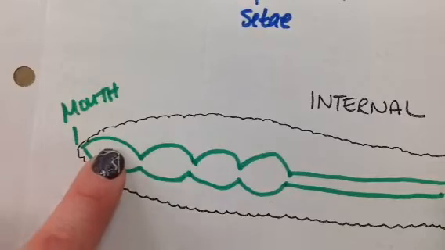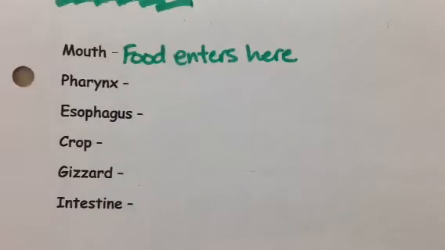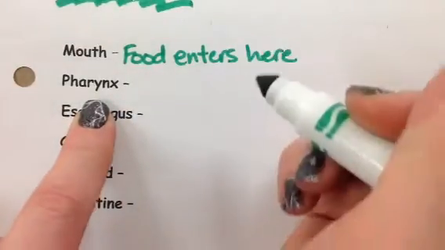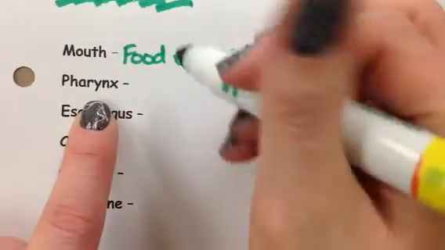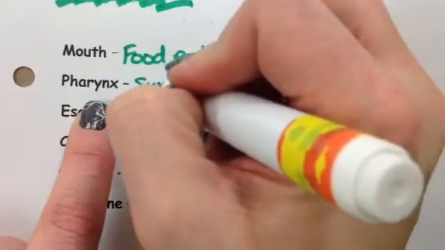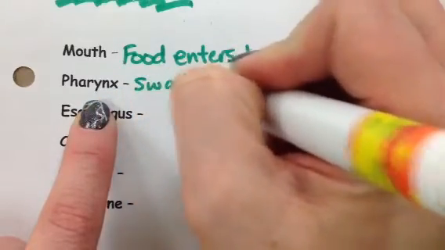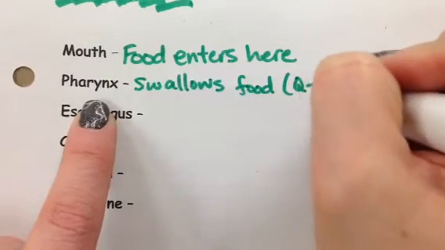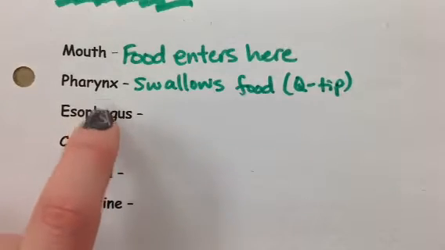Our next bump, our first bump, is what we're going to talk about, and that is the pharynx, okay? And as we go, I'll give you a couple of helpful hints as far as what stuff looks like. The pharynx is responsible for swallowing the food, okay? And your helpful hint, it looks kind of like a Q-tip, like the end of a Q-tip. It's fuzzy.